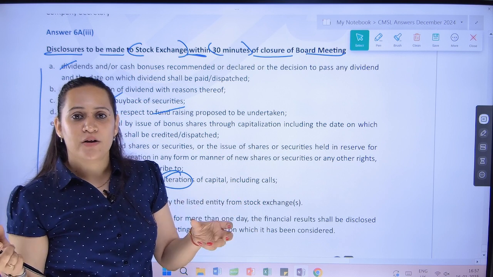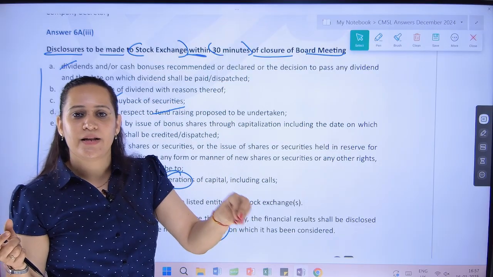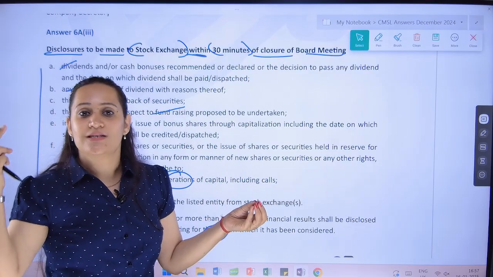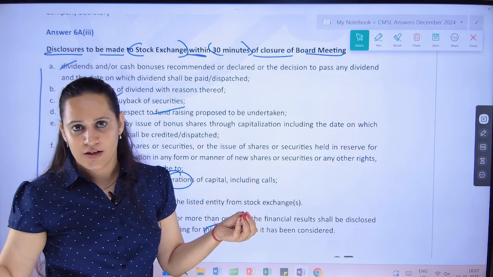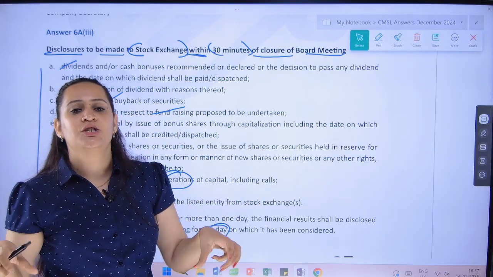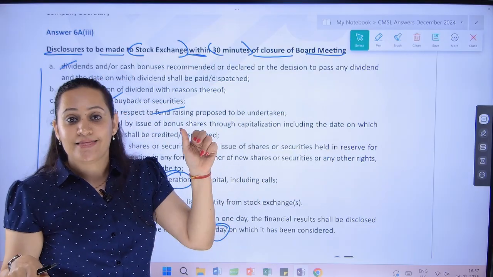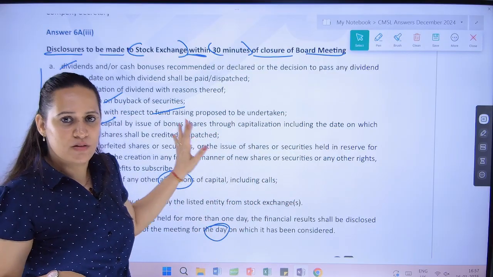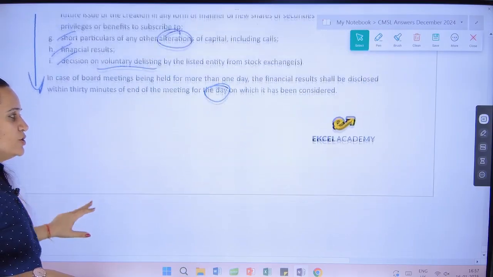So how are you going to inform the resolution that is discussed in the first day meeting? Within that day's meeting, 30 minutes, you should give an intimation. With respect to the second resolution, on the second day when you have completed the discussion, 30 minutes after that meeting, you should give the disclosure. So the day in which you have held the meeting and discussed that particular resolution, 30 minutes after the meeting, you have to give the information. So this is what you have to write for the disclosure requirement.